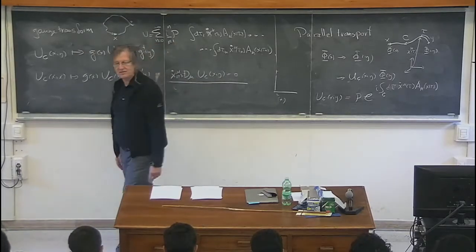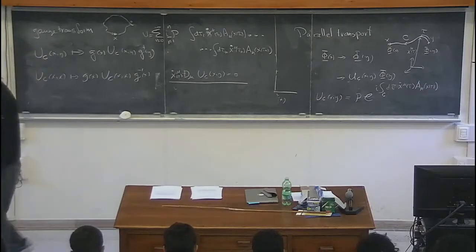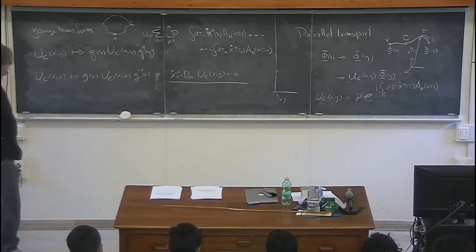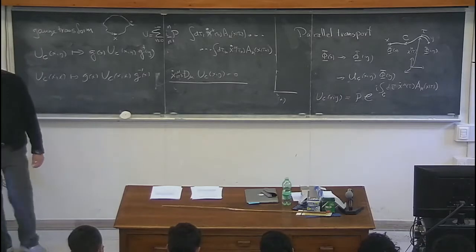Maybe the eigenvalues? Right, it's a unitary matrix that should have a bunch of eigenvalues. Eigenvalues are unimodular complex numbers, phases, but it should have a bunch of them. So the eigenvalues are actually invariant under this conjugation. And so it does have a bunch of data that is coordinate invariant. They're the eigenvalues of this thing.